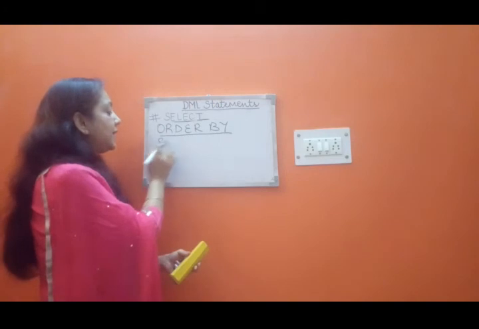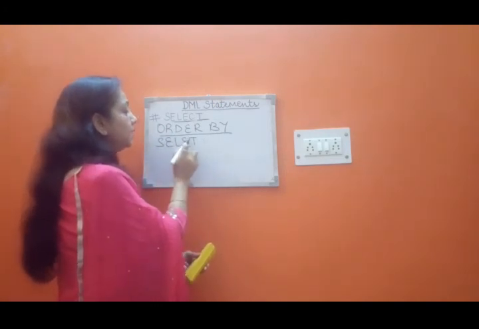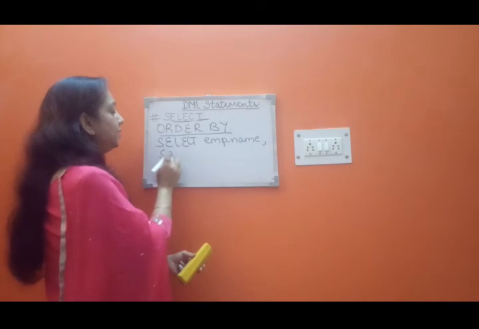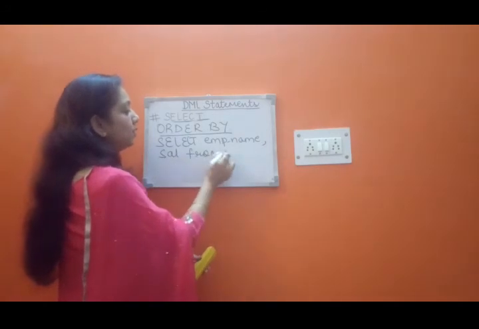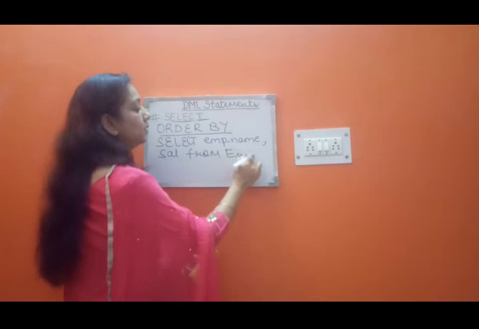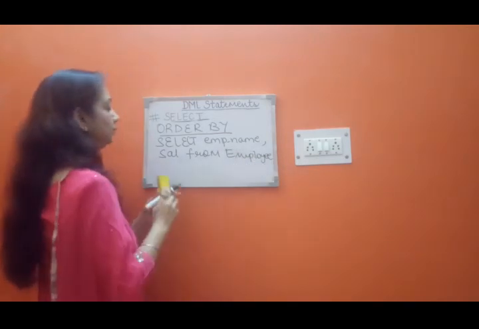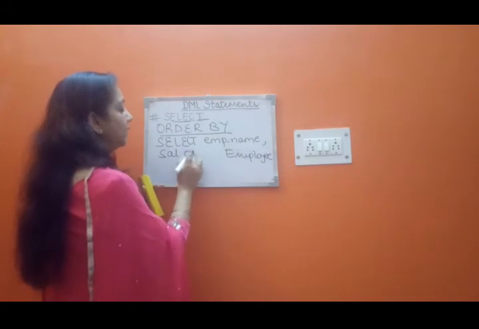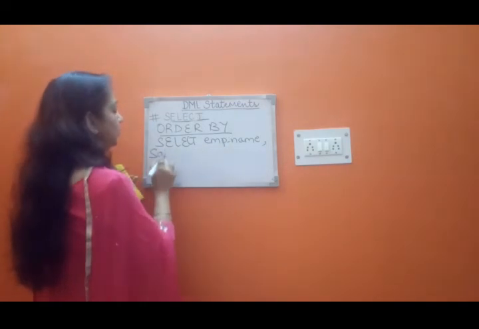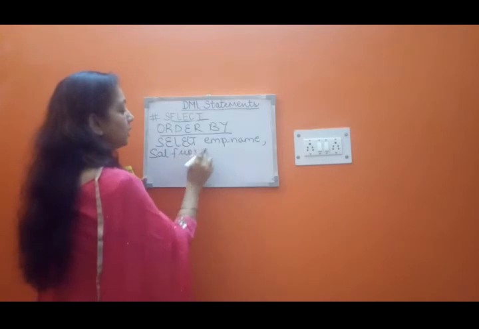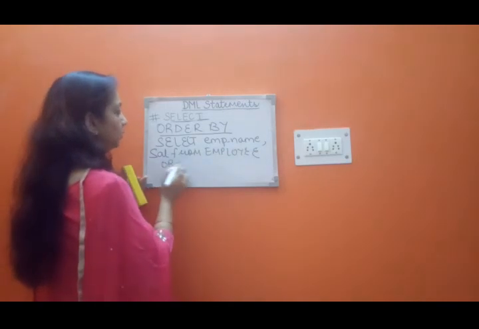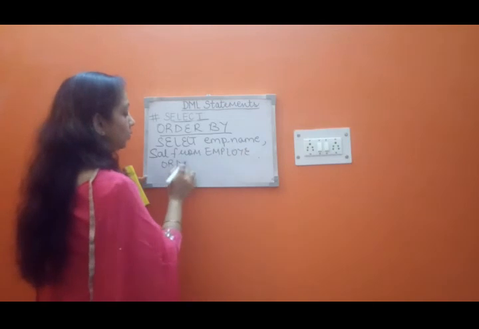What is that? I say select employee name, comma, salary from the employee table, order by, which attribute?